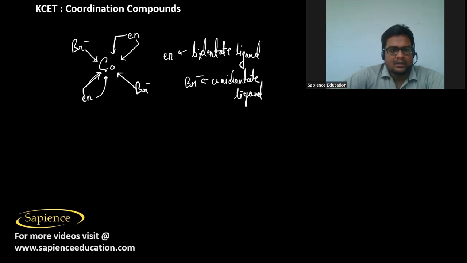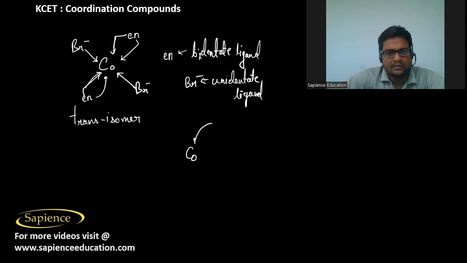So this one will be the trans isomer of CoBr2en2, and if the two en are on the same side, then here the cis isomer will be formed.